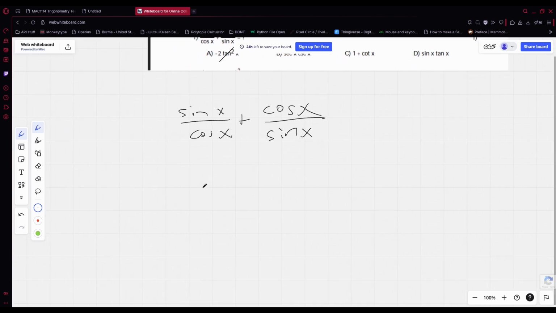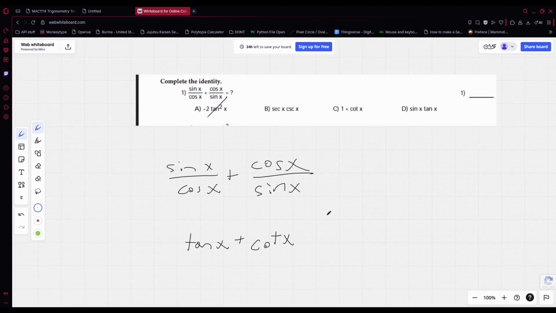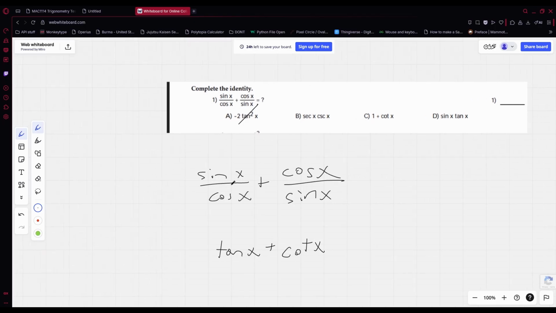Now, obviously we know that this is tangent x plus cotangent x because of the quotient identities. But we can't really do anything with this. And it's a lot easier to convert when you have sine and cosine. So these two fractions can't interact in any way. Like, they can't touch each other. There's nothing they can do. So what do we do?